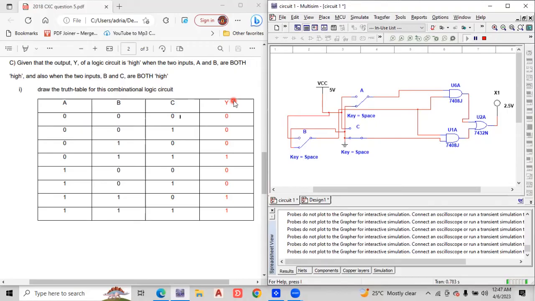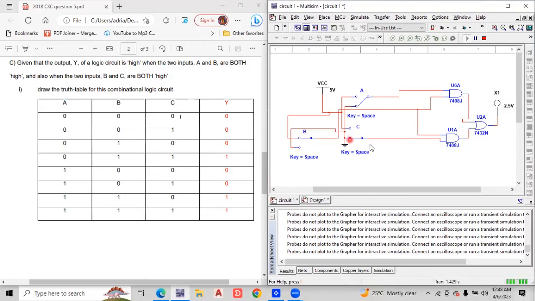All right, so for the second row, A is low, B is low, and C is high. So we're supposed to get a low output. So it means that the indicator should be off. All right, so there we go. The indicator is off. Good. So let's go again. A remains low, B is high, and C is low.